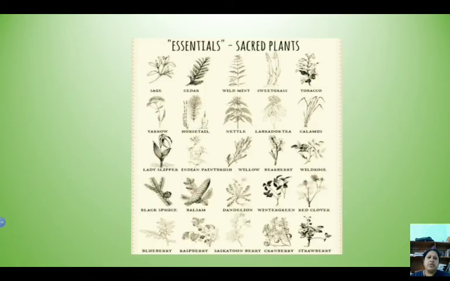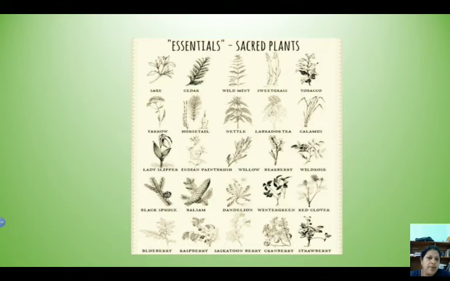And again, you can see some other herbs used for sacred purposes: sage, cedar, wild mint, sweet grass, tobacco, yarrow, horsetail, nettle, Labrador tea, calamus, then lady slipper, Indian paint. See, these are all different sacred herbs used in different parts of the world.